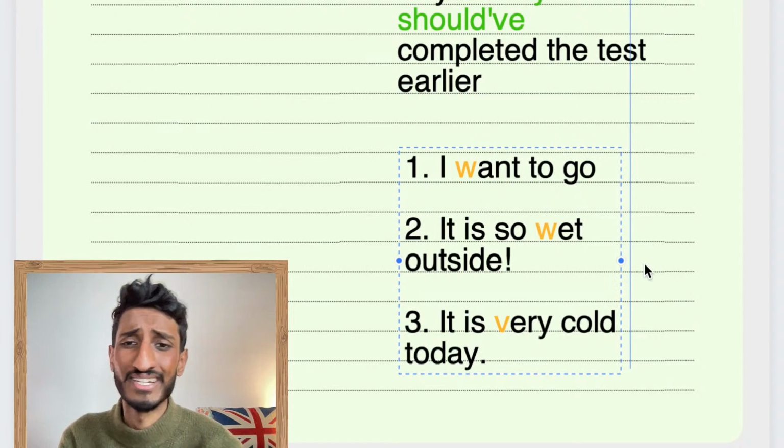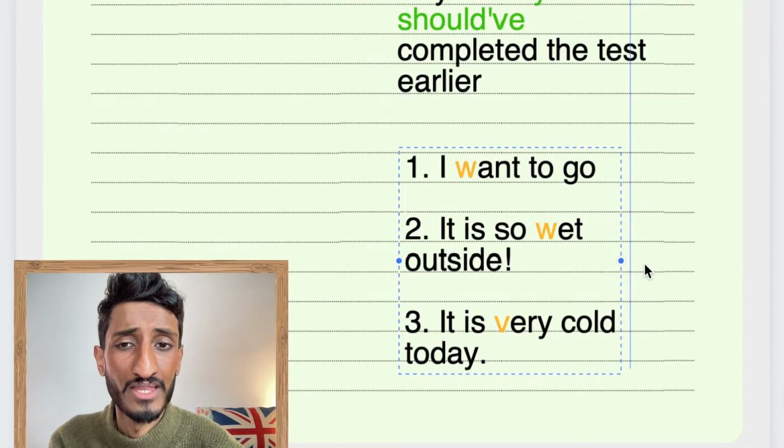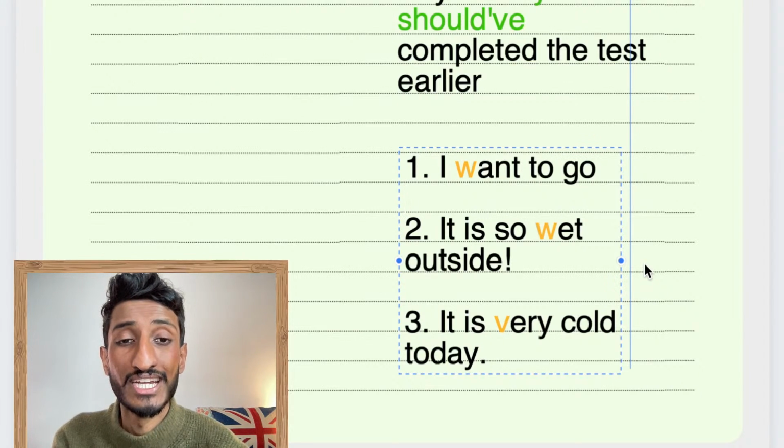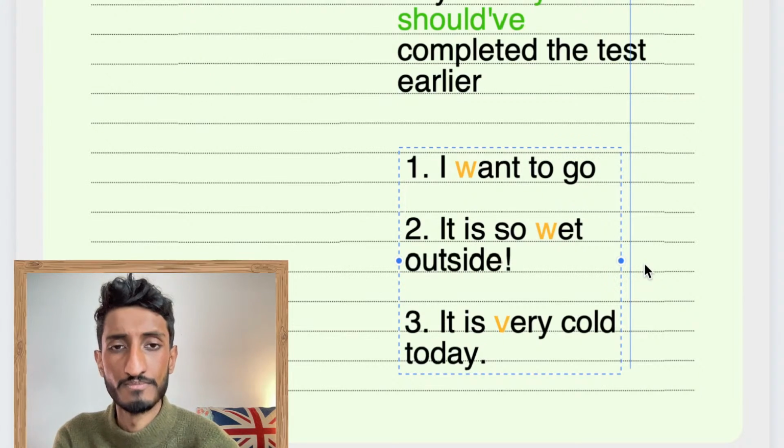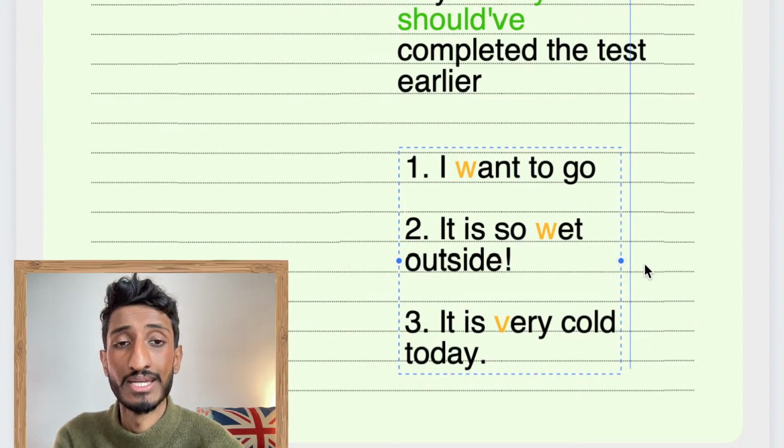It is so wet outside. Number 3. It is very cold today. So from the beginning. I want to go. It is wet outside. It is very cold today.